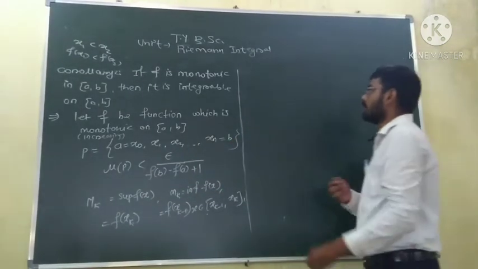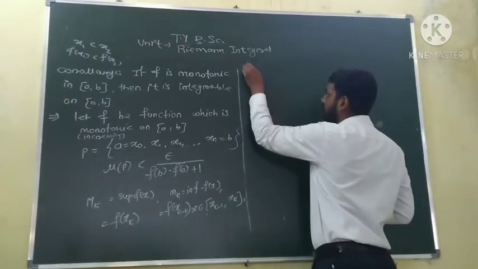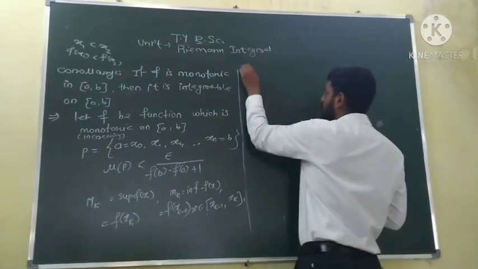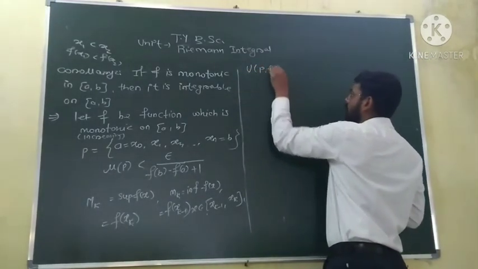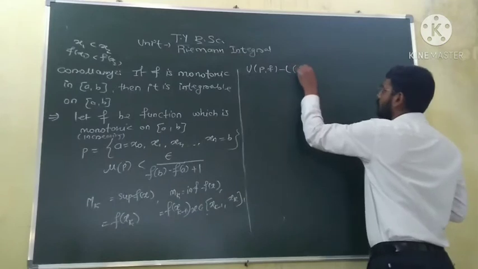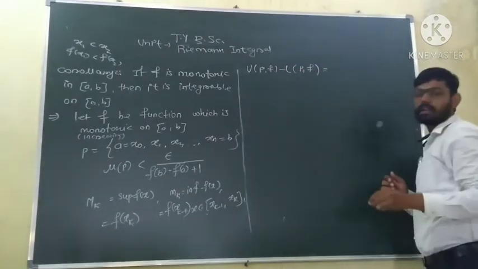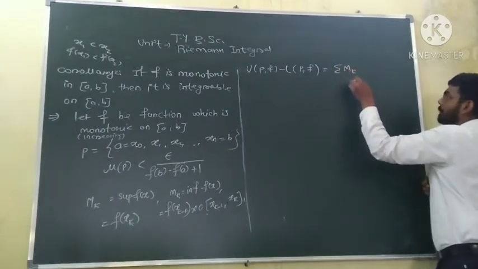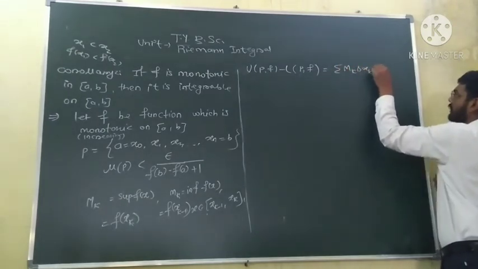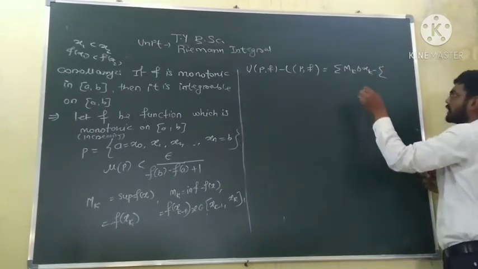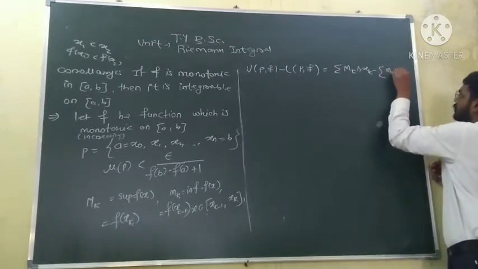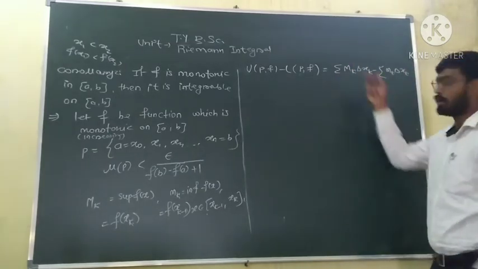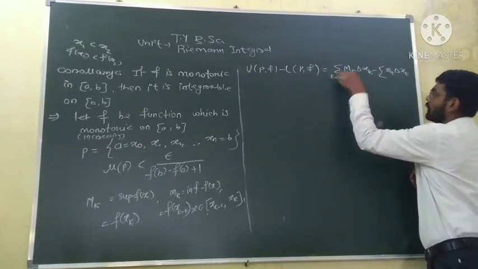Now we will take the difference between the upper sum and the lower sum. So the upper sum minus the lower sum is nothing but the sum of capital Mk delta xk minus the sum of small mk delta xk, with k from 1 to n.